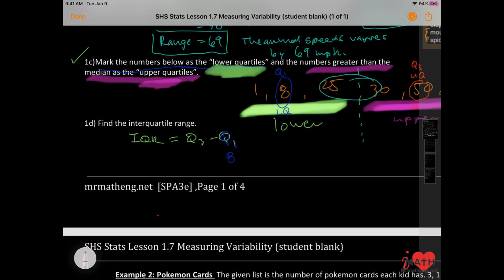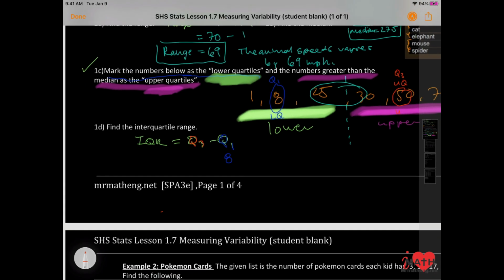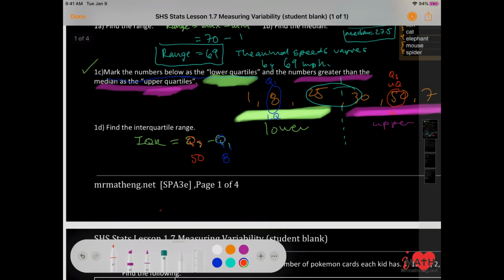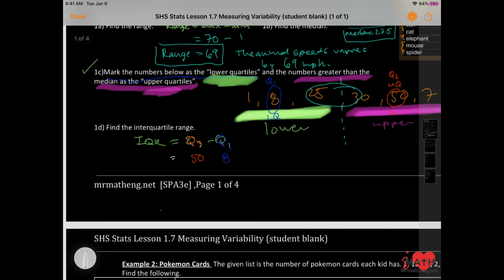Okay, so let's go over here. Q3 is 50. So that means my IQR is 50 minus 8, which is 42. The IQR for our animal speeds is 42.